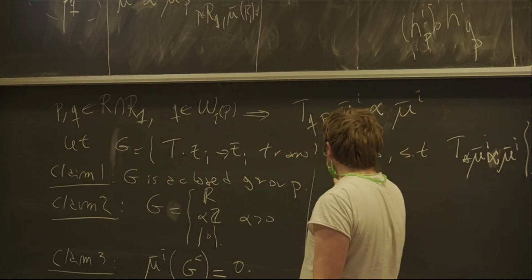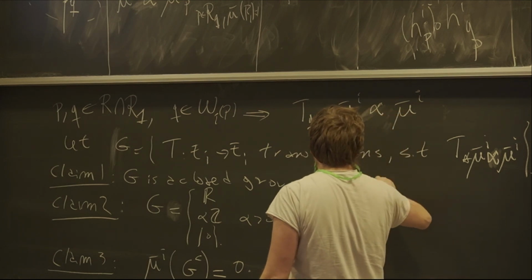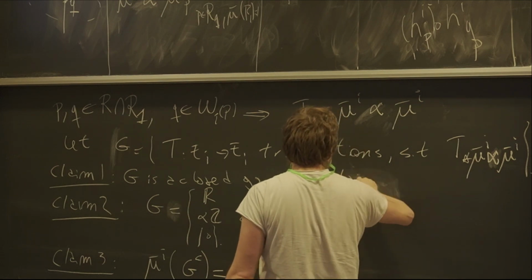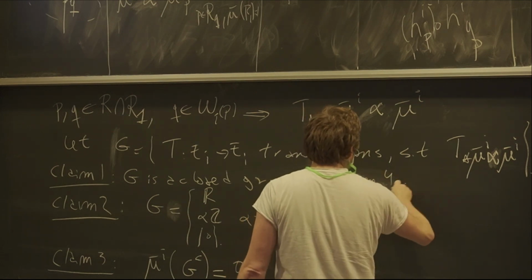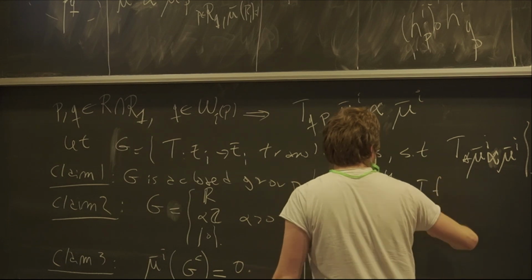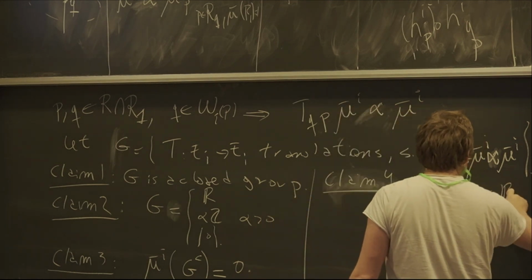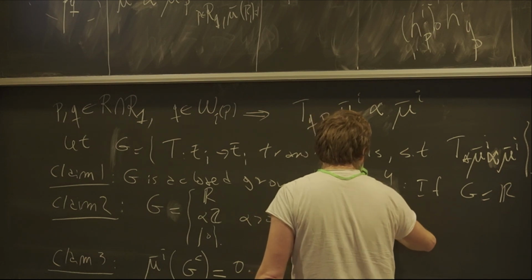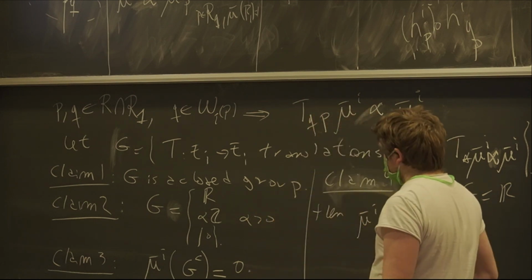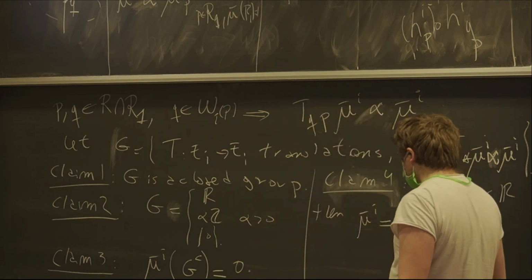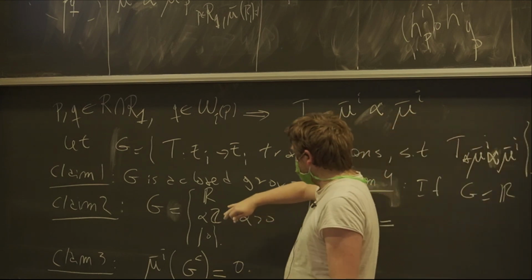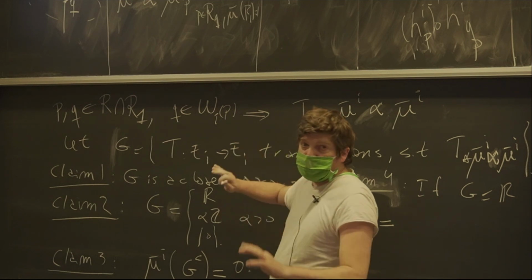Okay, so corollary, and claim 4. Claim 4: if G equals R, then mu bar I is the same as, well, I'm abusing a little bit of language, I'm very sorry. So when I say G equals R, I'm making the following identification.